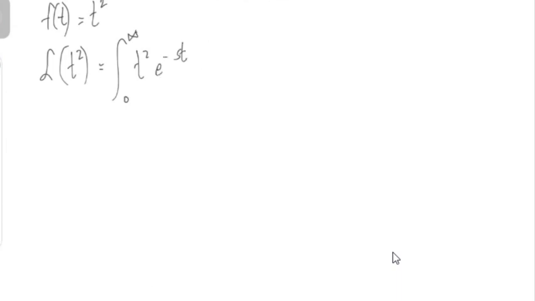What about if the function of t is equal to t squared? So, ito yung magiging the Laplace transform of t squared, ano? Yan. Balik tayo, no?